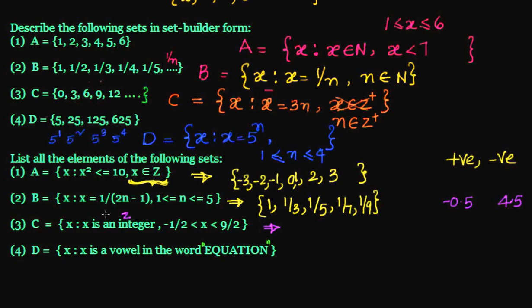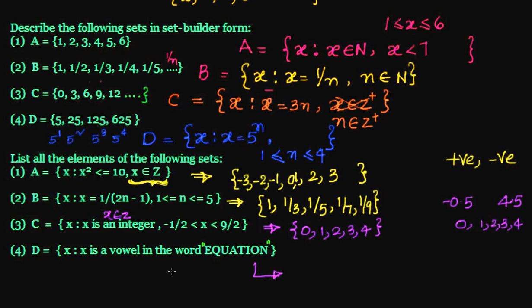This is nothing but x belongs to Z. What are the integers you have? You have 0, 1, 2, 3, 4. Anything else? No. So we can go ahead and say 0, 1, 2, 3, 4. That's it.